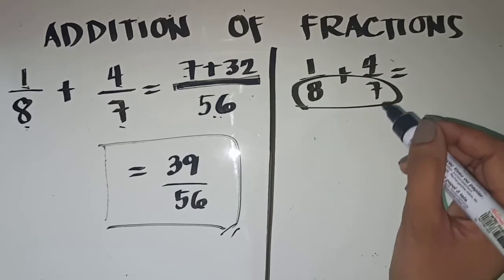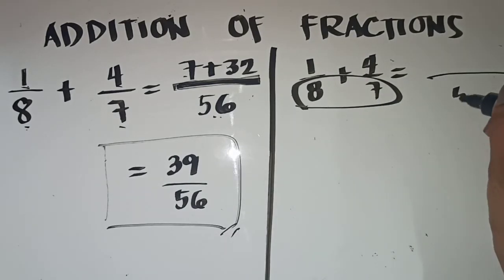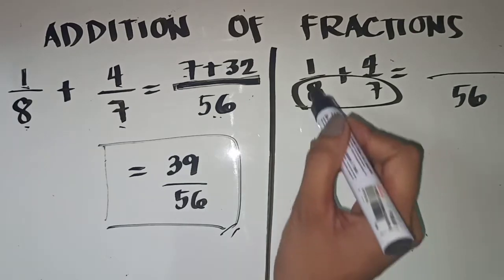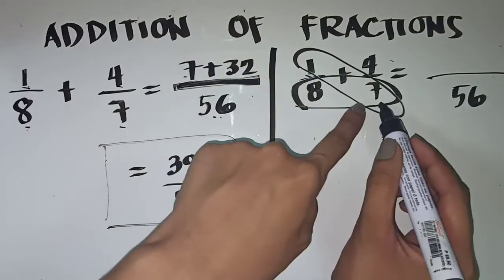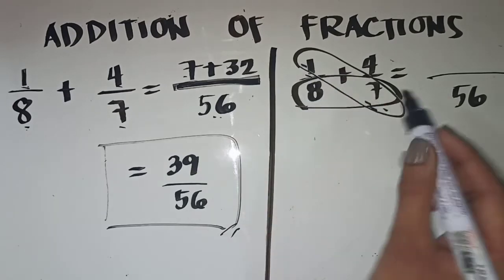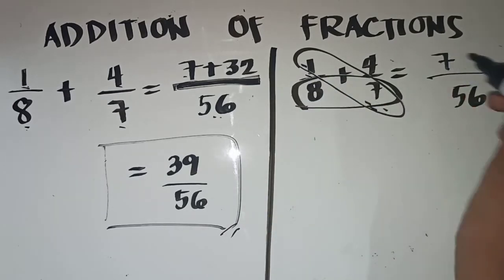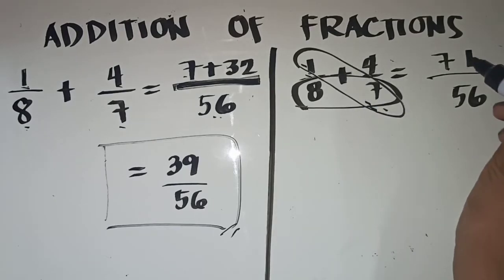Again, 8 multiplied by 7 is equal to 56. Okay, next. 1 multiplied by 7, itong numerator nito is imumultiply sa denominator ng second term. So, 1 multiplied by 7 is 7. Then, copy the operation which is addition.